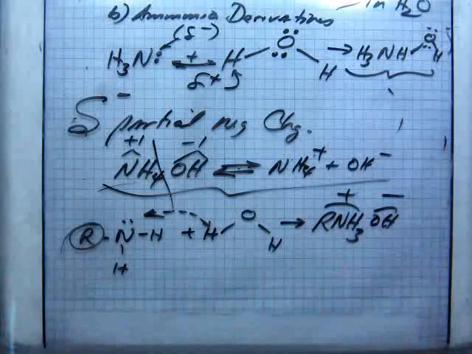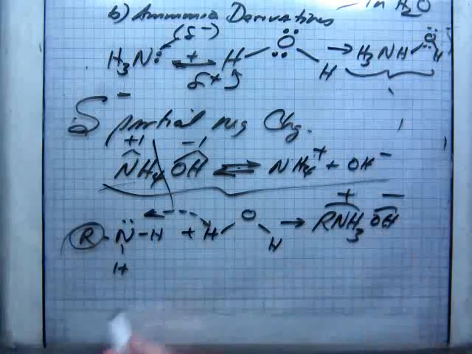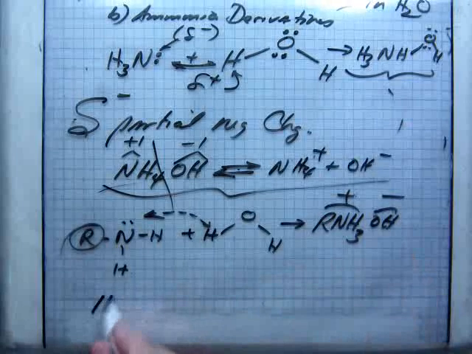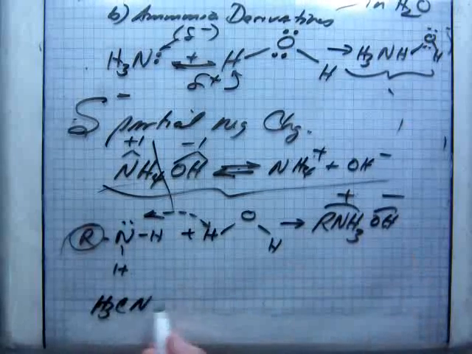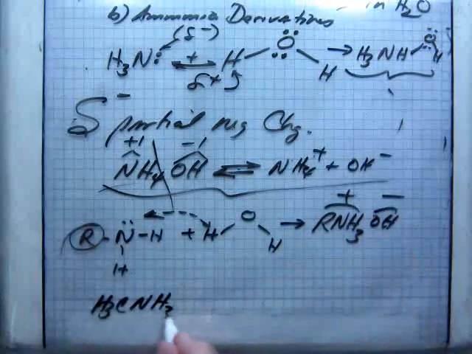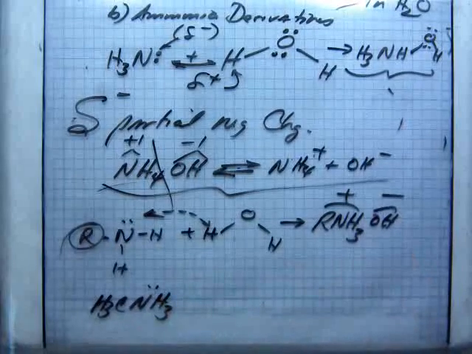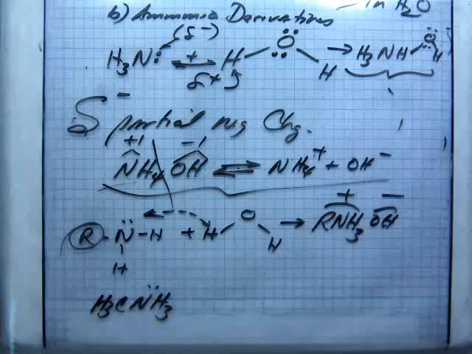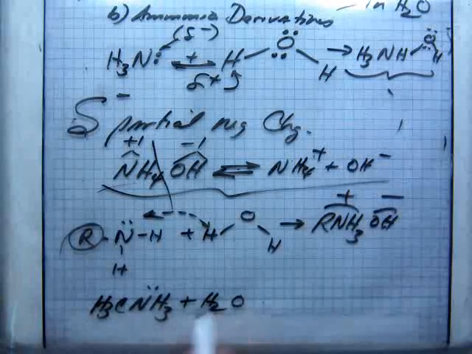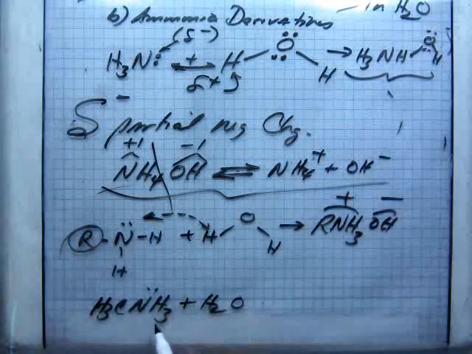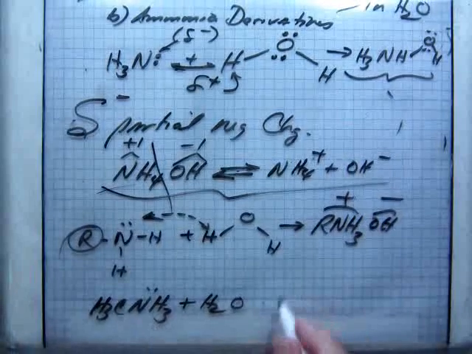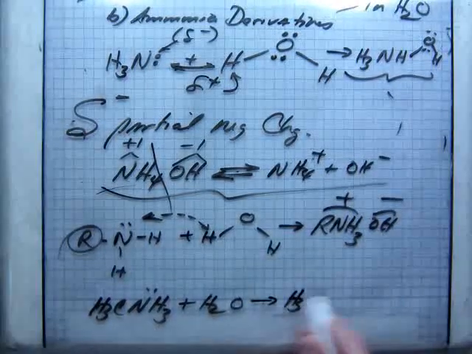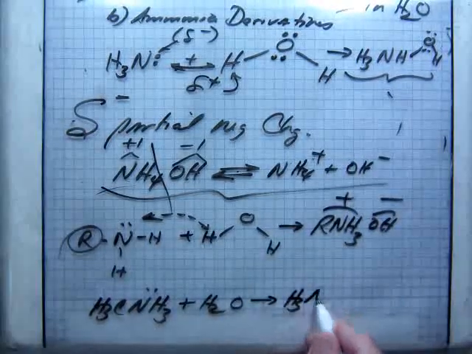And so that's where those base ionizations come from. So if I had methylamine plus H2O, it would just simply absorb one of the hydrogens into that structure, and you would have methyl ammonium hydroxide.